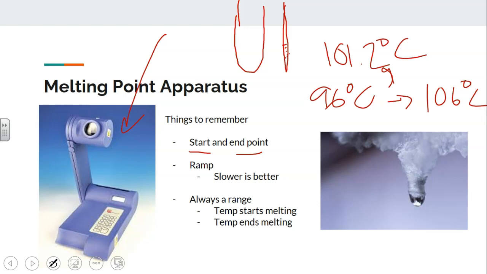Okay, and so what happens is this heats up. It starts at 96 degrees Celsius. It takes some time to get to that point, but then it'll beep and it'll be done.